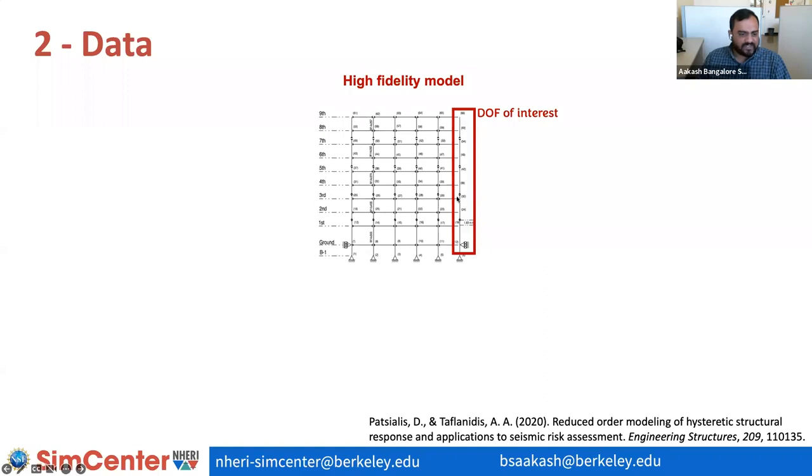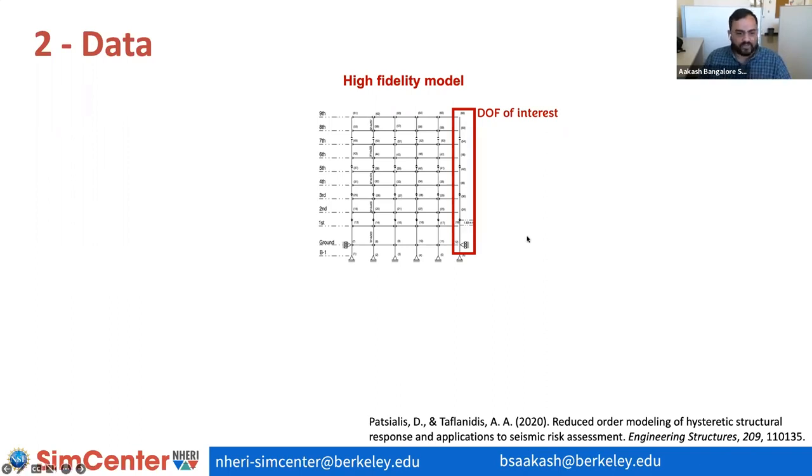Calibration can be done to match the desired characteristics of the high fidelity model. So these can be multiple output quantities of interest. In this problem, the time history of the interstory drift response of the high fidelity model is used in calibration. Since our objective is to match the nonlinear response time history, the inputs used are earthquake ground motions that elicit nonlinear structural response.